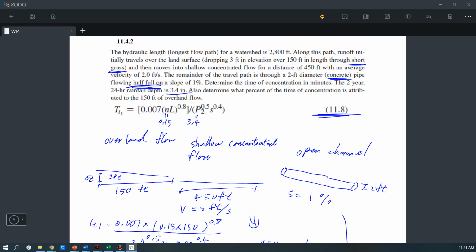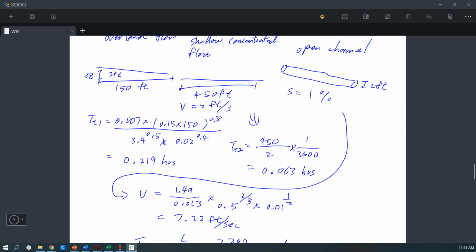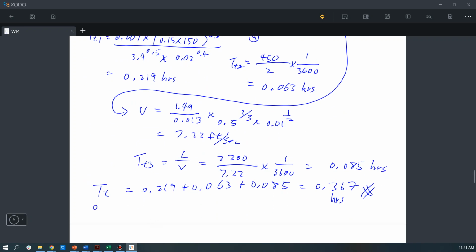And we need to determine the percentage of the time of concentration that is attributed to the overland flow. So the percentage of the overland flow is 0.219, the first term, that is attributed to the overland flow, divided by the total time of concentration, 0.367.